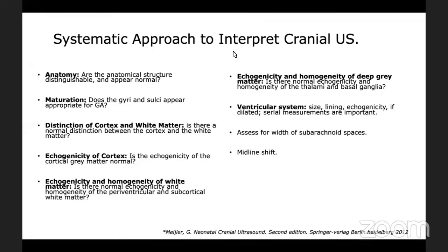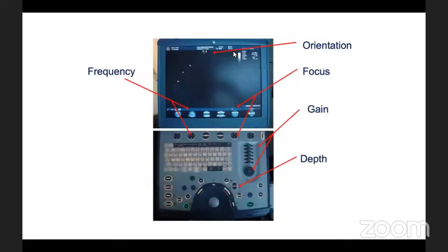And also the echogenicity and homogeneity of white matter: does it appear normal or abnormal? The same holds for the gray matter as well. Finally, look at the ventricular system, its size, lining, echogenicity, dilatation, and measurement, and the width of the subarachnoid space, and whether there is any midline shift or not.